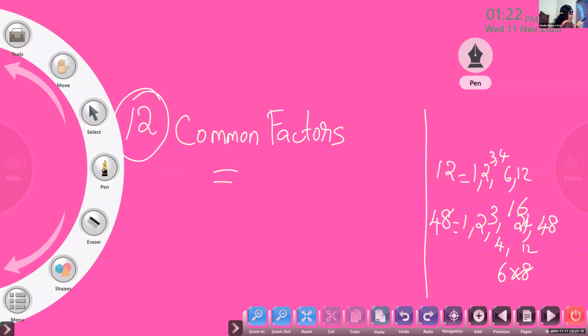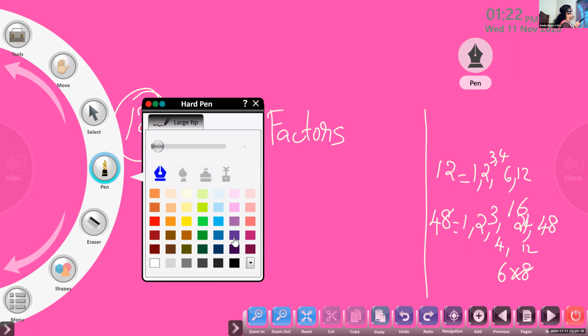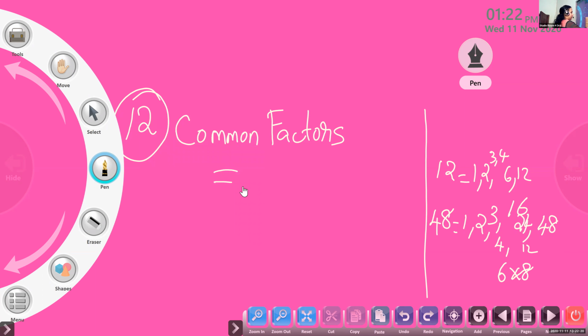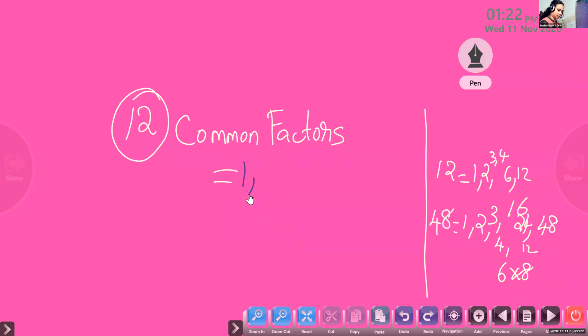Now from here, we have to write the common factors. Here, 1. Then which is the next common factor? 2. Then 3. 4. Then 6.